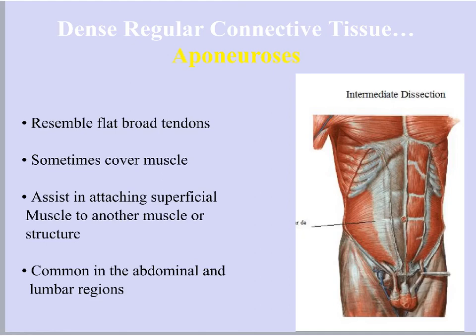Here we have an aponeurosis, which is made of collagen fibers, right? Not elastic fibers. So I should have clumped all of those examples of dense regular with just collagen all together. So I apologize.